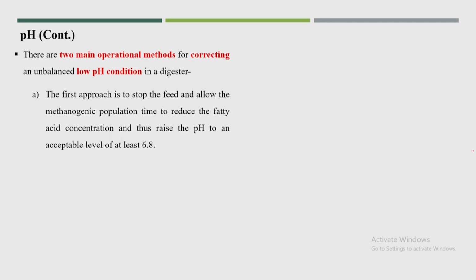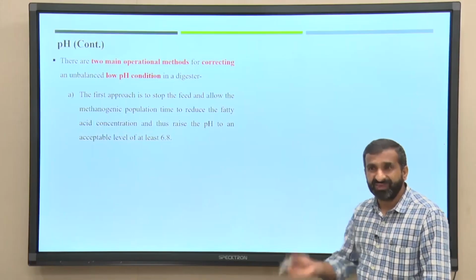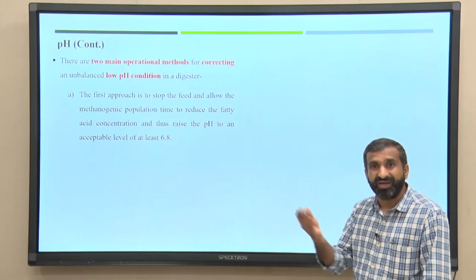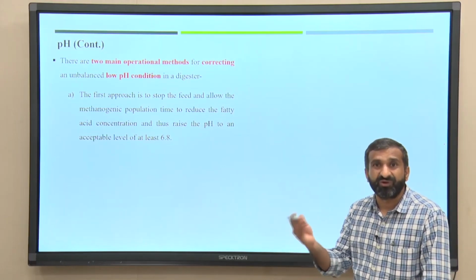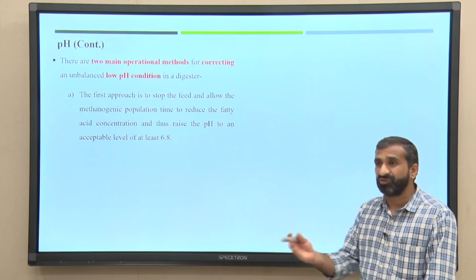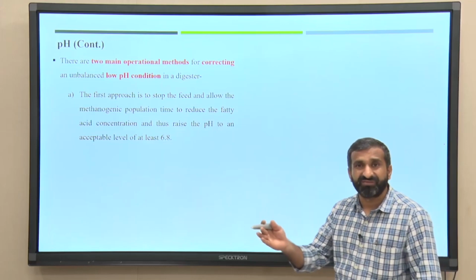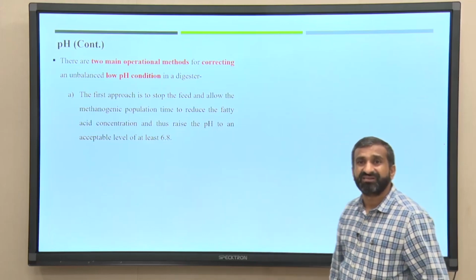So, the first approach is to stop feeding the reactor, so that the microbes will have more time to reduce these volatile fatty acids. Once you know that the pH has been modified by reduction of volatile fatty acids, we can start feeding the reactor again.